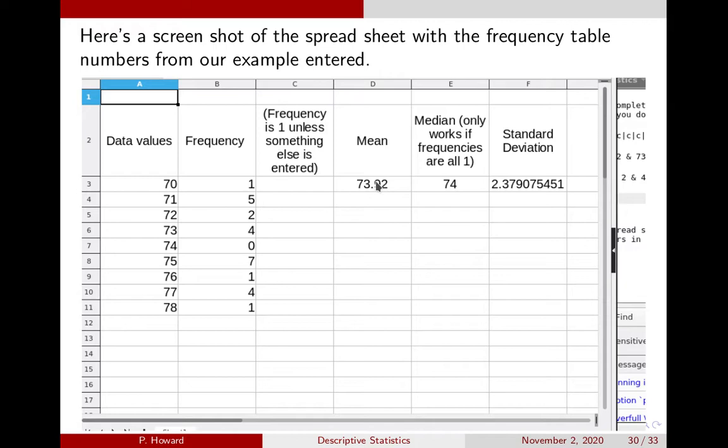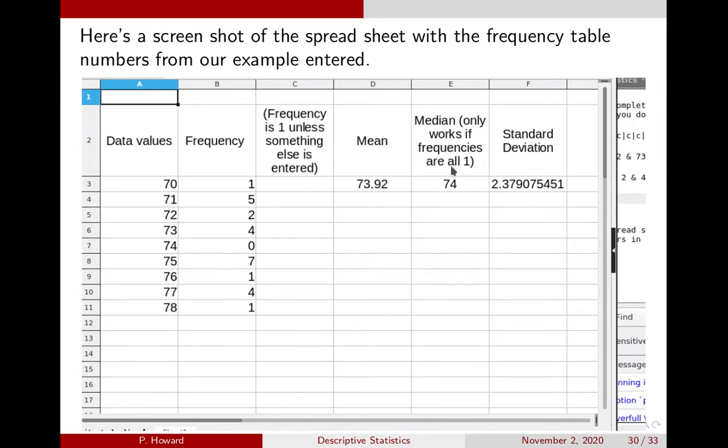And then below the word mean, the mean of the data is calculated, and below the words standard deviation, the standard deviation of the data is calculated. I also have a median calculation here, but this only works if all the frequencies are 1.